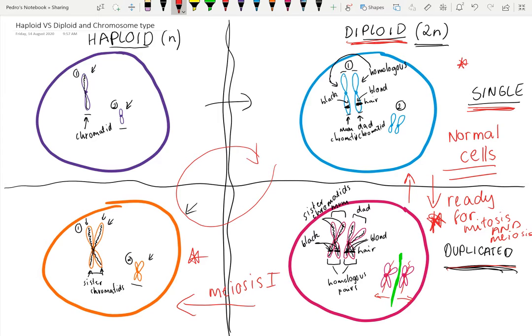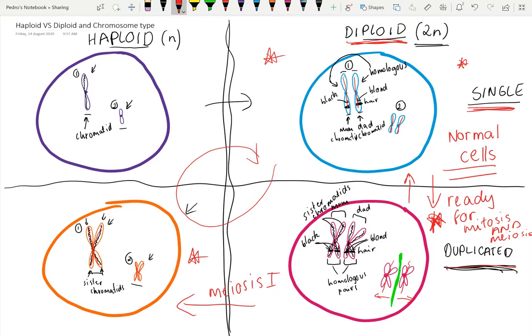Notice the amount of DNA at the end of meiosis 1 is the same as a normal diploid single-stranded cell, so this box over here, okay? Because we have 1 line of DNA, 2 lines of DNA, 3 lines of DNA, and 4 lines of DNA. And over here we have the same, 1, 2, 3, 4. Okay?